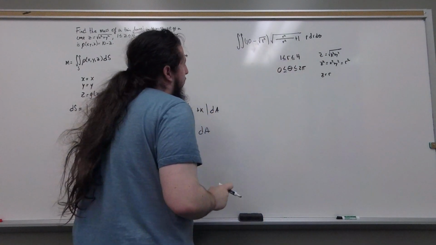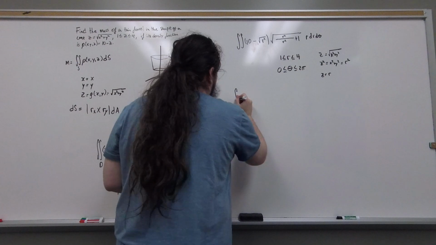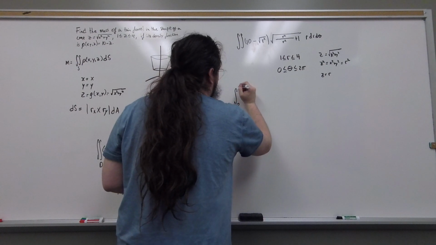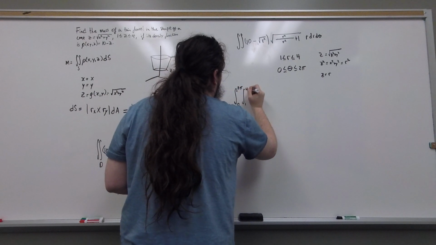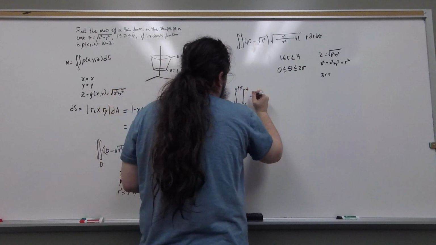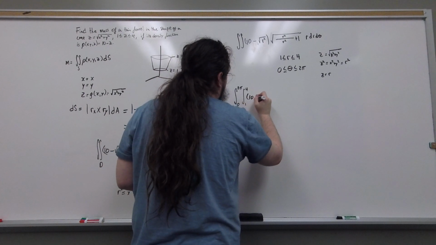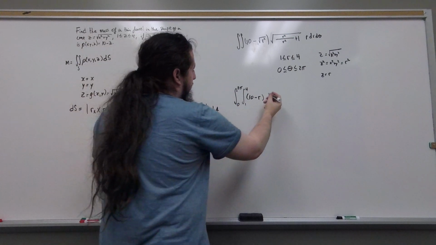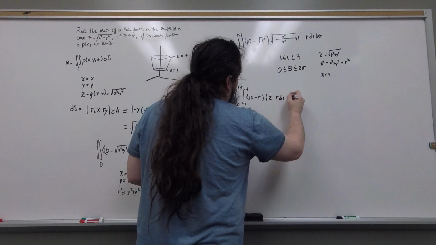Meaning that we have our final integral, which will look like the integral from 0 to 2 pi, integral from 1 to 4 of 10 minus r, times root 2 r, dr d theta.